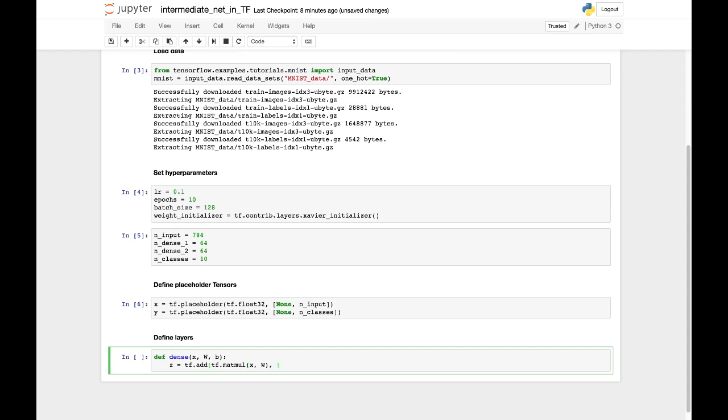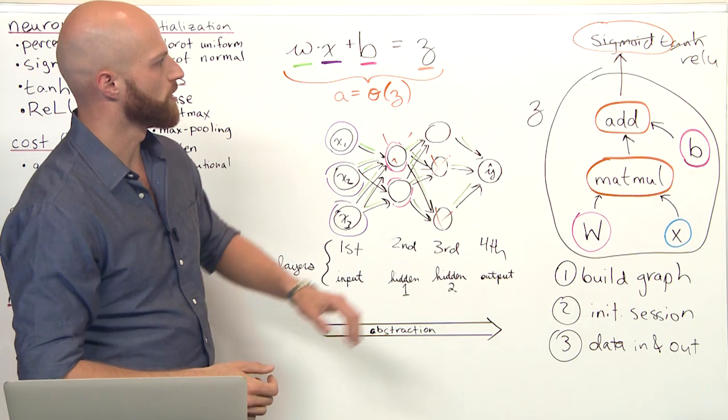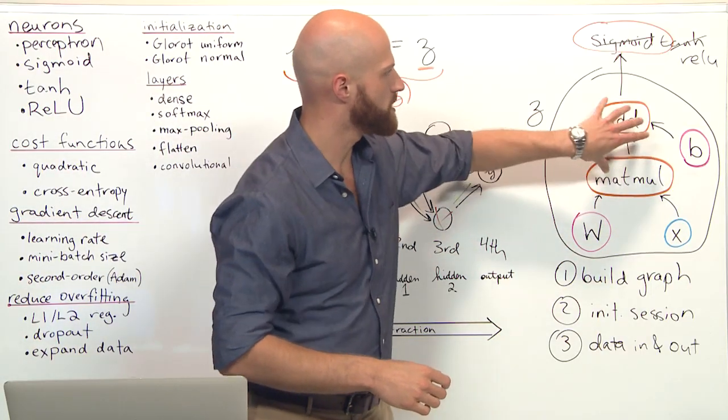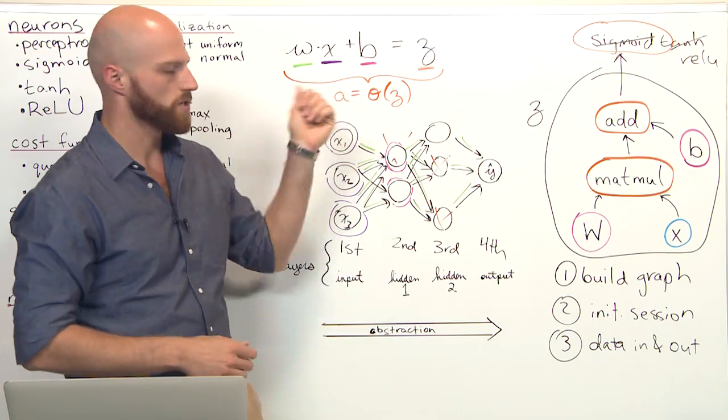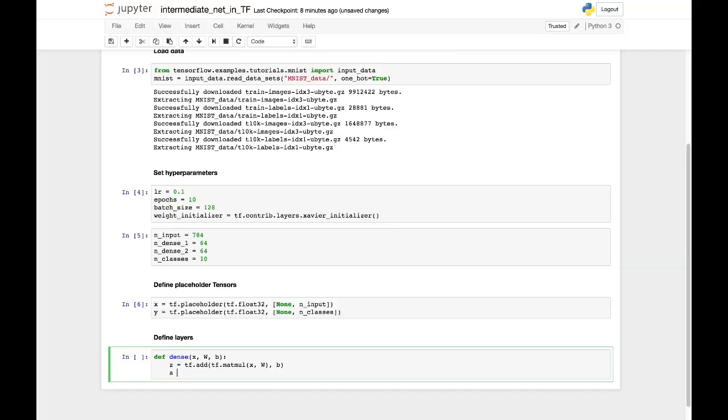And then we add to that our bias, B. Now, because we want to have ReLU activation, we're going to pass all of this Z into a ReLU activation function to give us our output A. So let's define that explicitly. A is equal to the ReLU operation on Z. And then this layer is going to return A. Great.